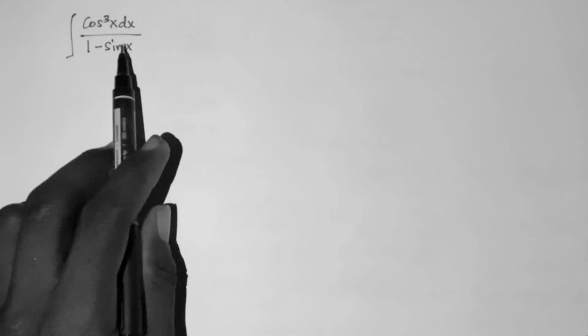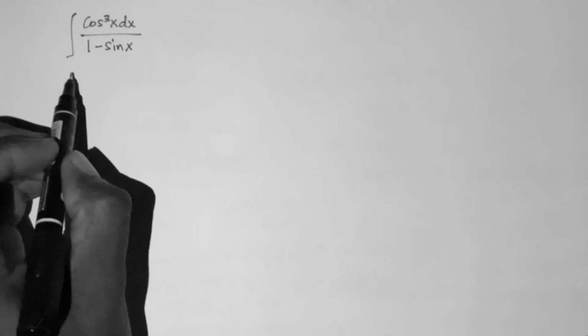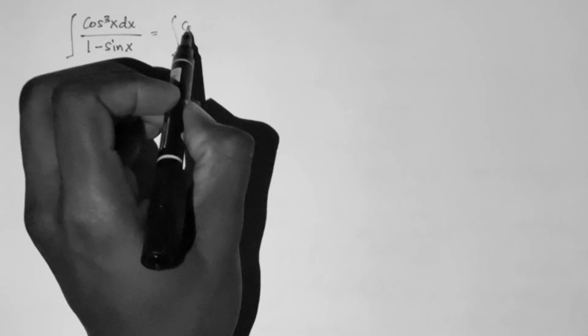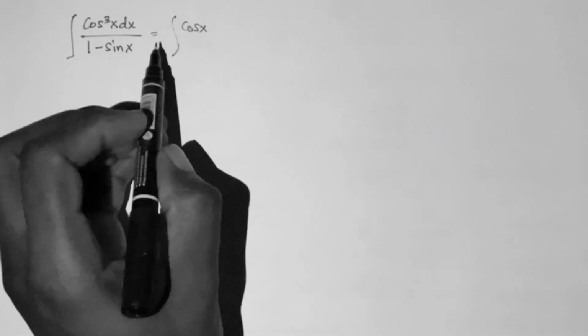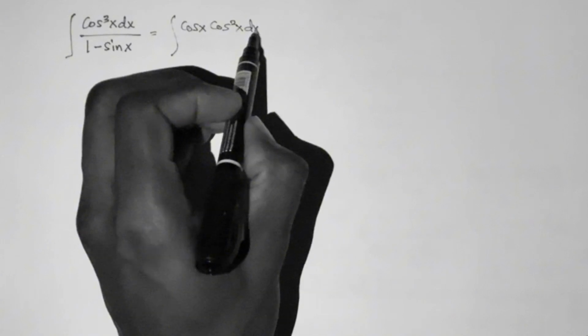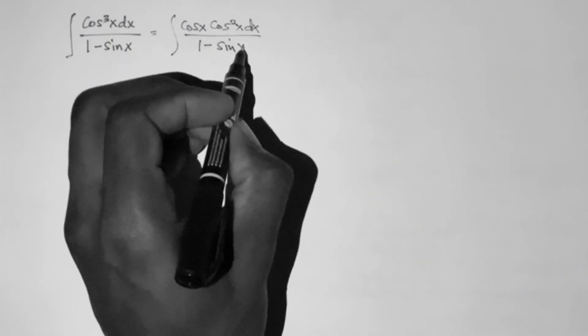So we are supposed to evaluate the integral of cos x exponent 3 dx divided by 1 minus sine x. We can rewrite this integral by pulling out one of the cos x, so we'll be left with cos squared x dx, then divided by 1 minus sine x.